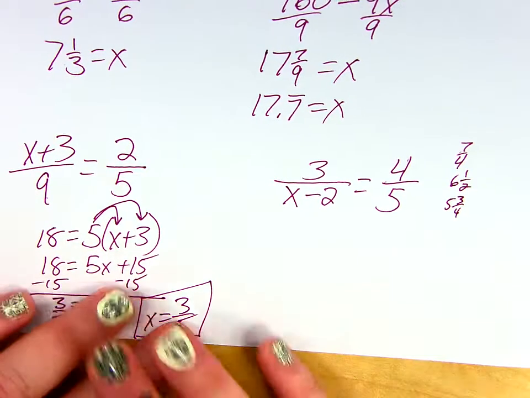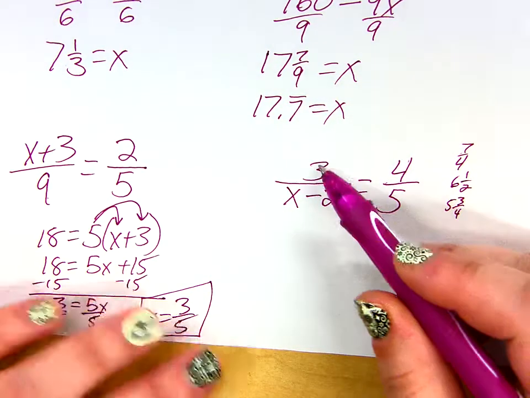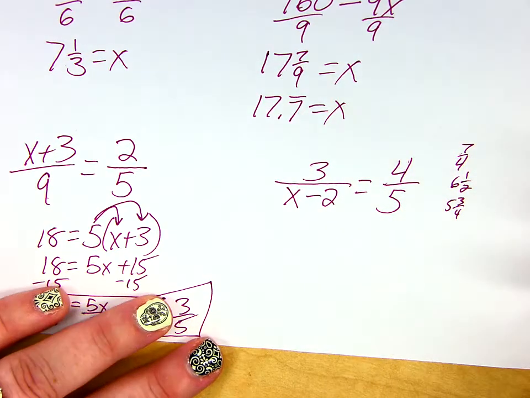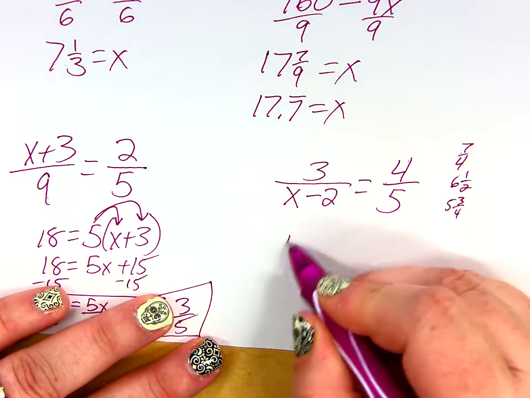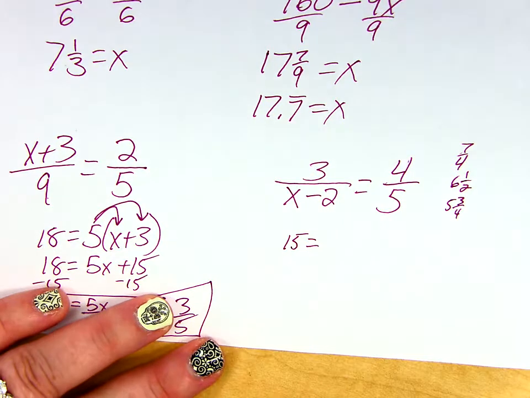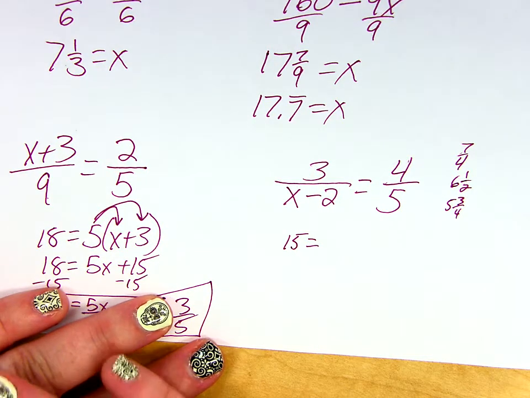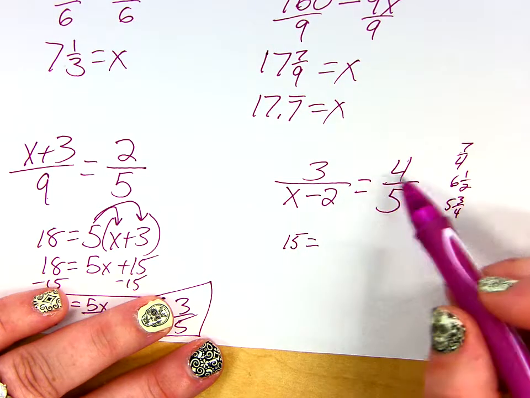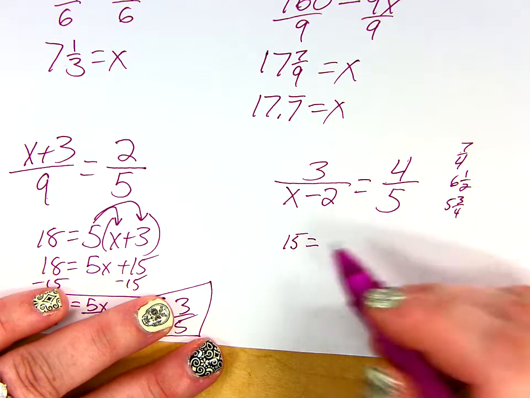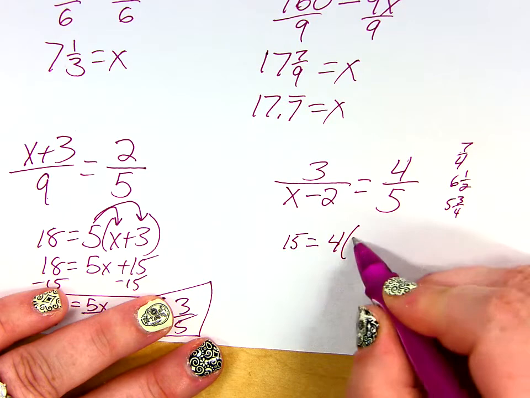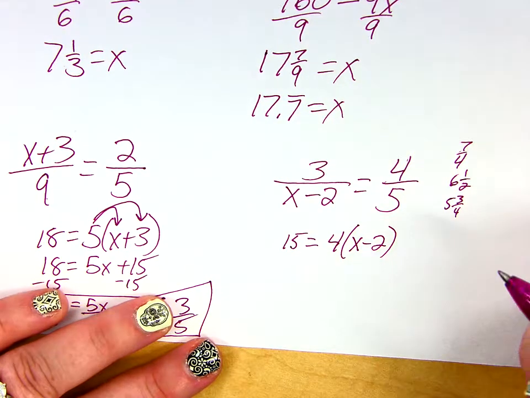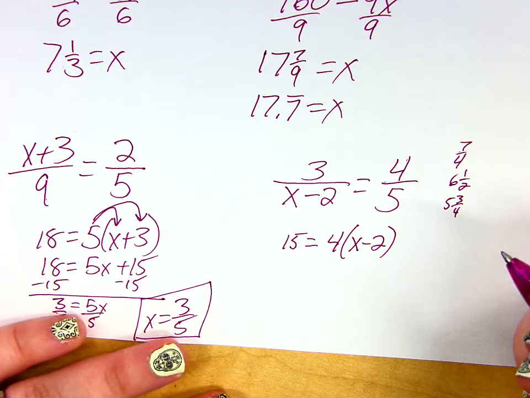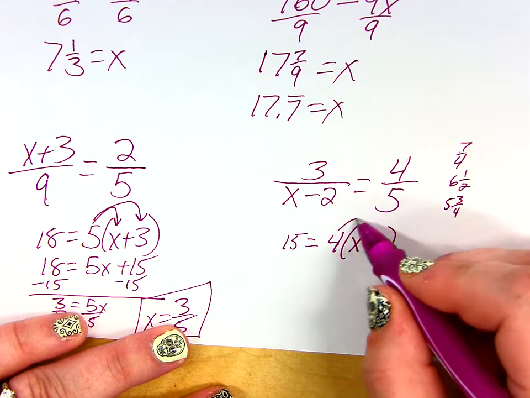So let's check it out. So, 3 times 5, that's easy. So one side should be 15. Doesn't matter if that's your left-hand side or your right-hand side. The other side, I need to do 4 times x minus 2. So I need to write it as 4 times (x minus 2), and now I need to distribute that 4.